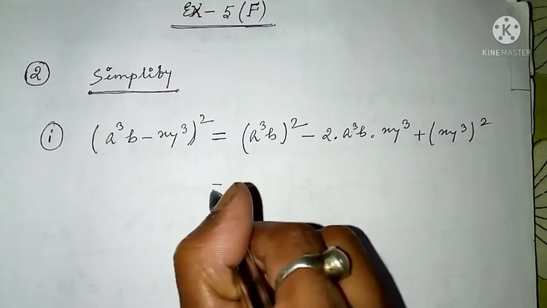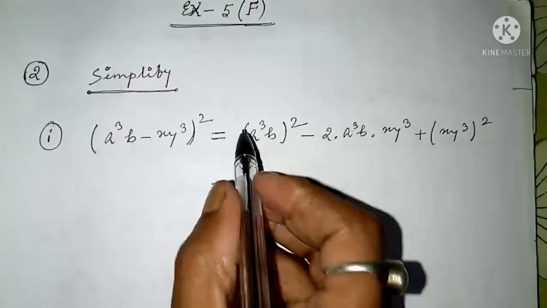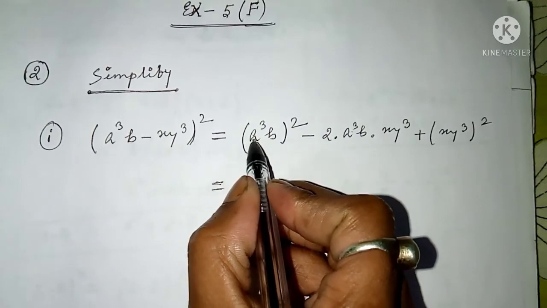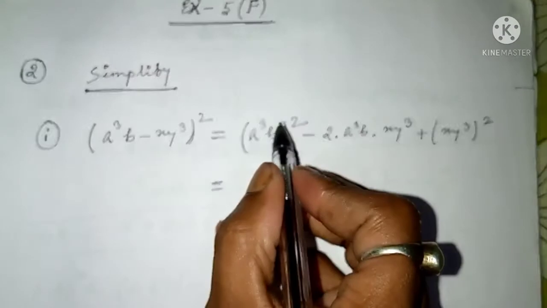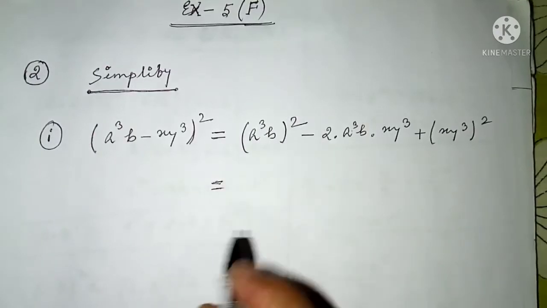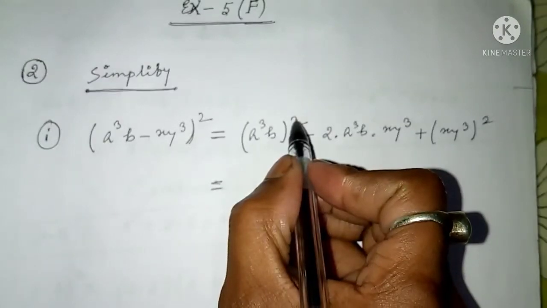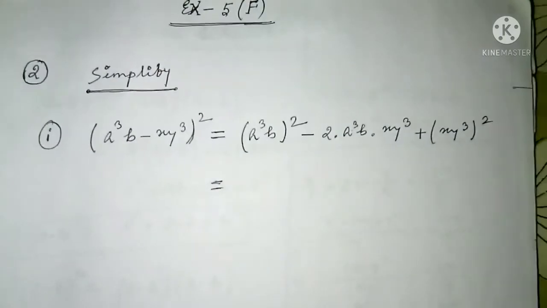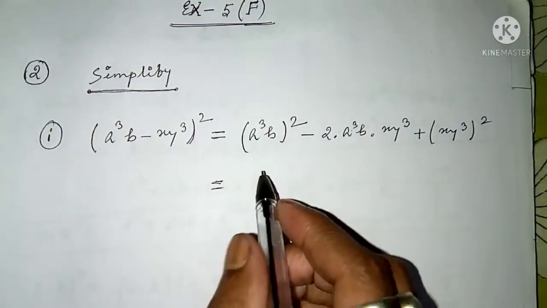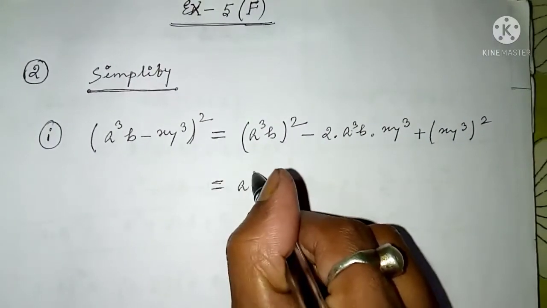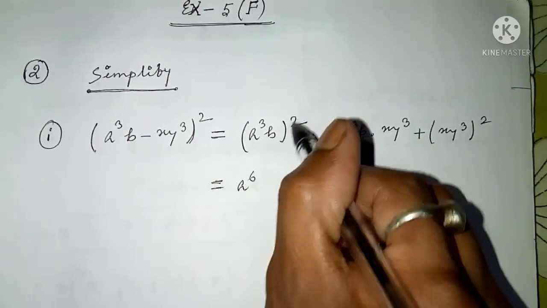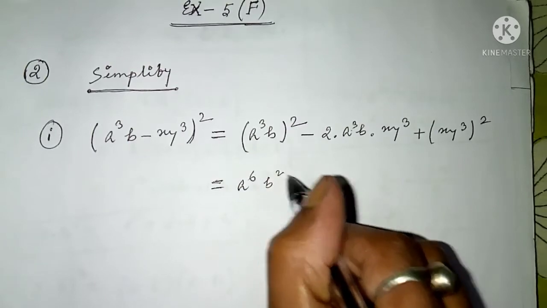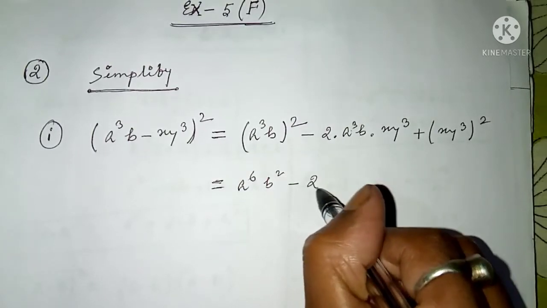Now you can see here, for this a, in a there is a power 3, again whole power 2, that means it is a case of power over power. Then 3 into 2, 6, we know that we need to multiply, which makes a to the power 6. Then b square, then minus 2 we have here.